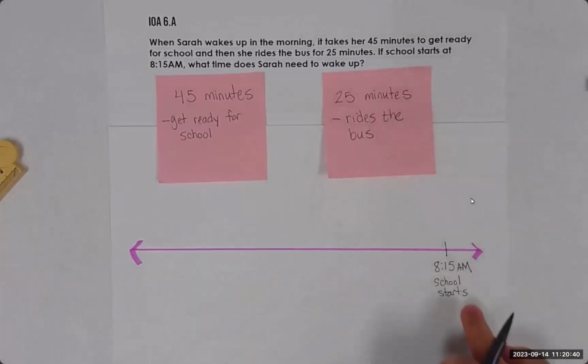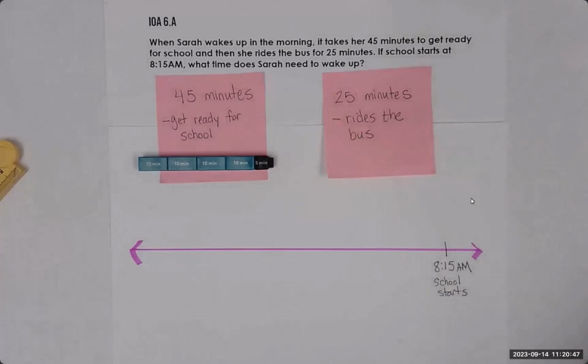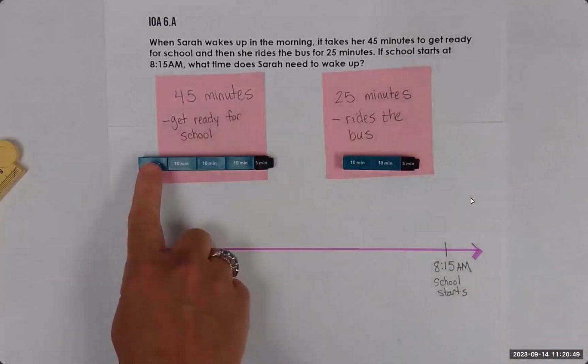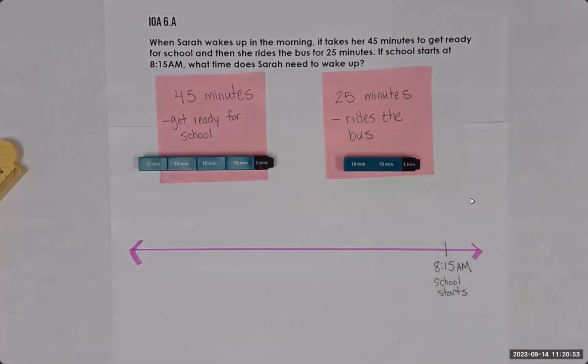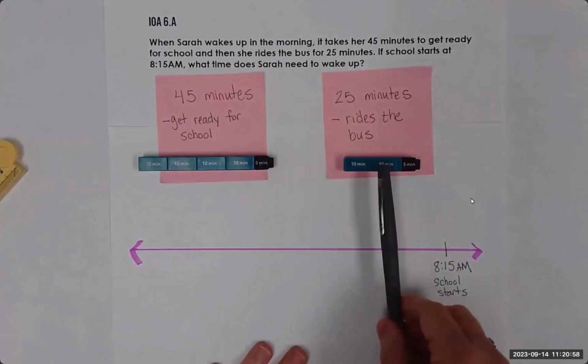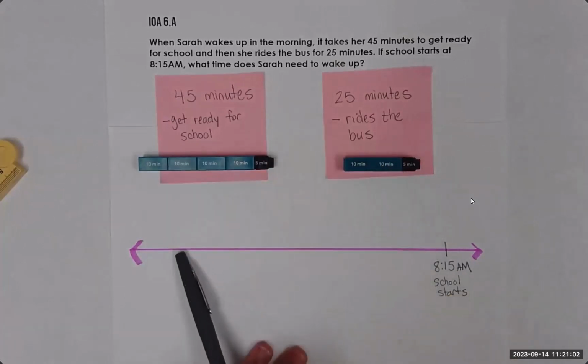Okay, so I know this and I know these two things. So I've used my bars and my time interval kits to make the amount of time for these two things. So I've got my 45 minutes and I've got my 25 minutes. And I'm going to use those. As I subtract out these minutes, I've got to subtract out all of these minutes to figure out what time she needs to wake up.